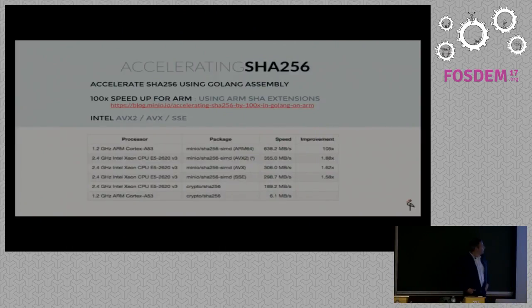Okay, that was about the BLAKE2B algorithm. We've also done some work on the SHA256 algorithm. Most notably also for the ARM platform, because the ARM platform actually has specific instructions to accelerate SHA256 calculations, and they make a tremendous amount of difference, because it literally is 100 times faster than not using those instructions.